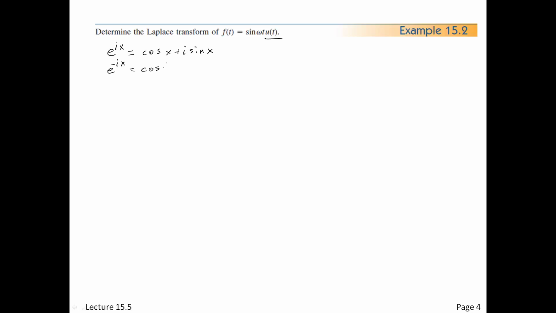Cosine of minus x plus i sine of minus x. Got to be a little careful there, but let's recall, or draw the graph and figure it out if you want, that cosine of minus x is equal to cosine of x. And sine of minus x is equal to minus the sine of x.